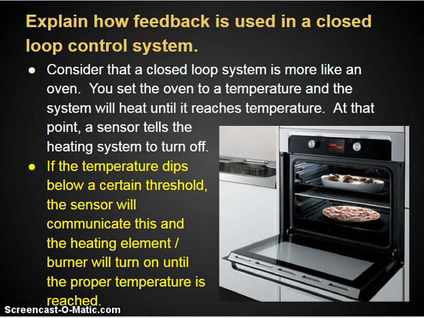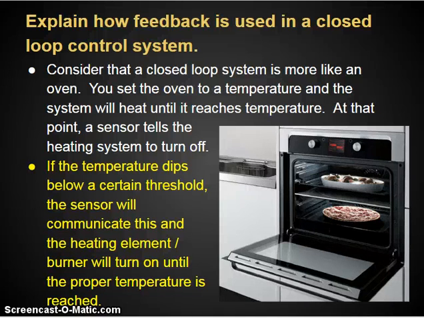So, for example, a closed loop system is more like, not a stovetop, but rather the oven. When you set the temperature for an oven, you don't just say low, medium, high like you do on the stovetop. You say we're going to cook this at 350 degrees. So you turn the dial on the oven to 350 degrees.